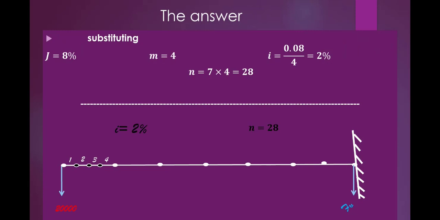We will substitute J equals 8% and M equals 4, so I, the periodic interest rate, will be equal to J over M, equal to 2%, and N will be equal to 7 times 4 equal to 28 periods.